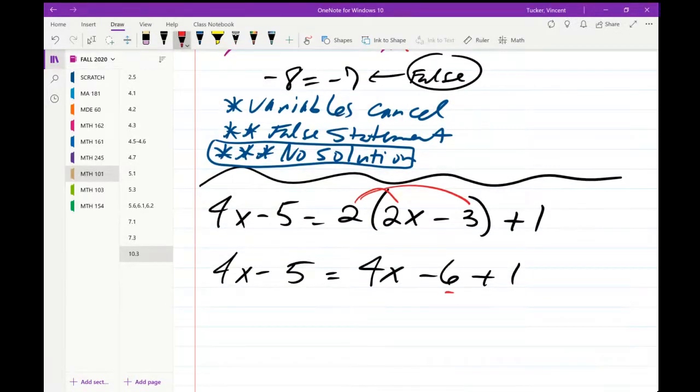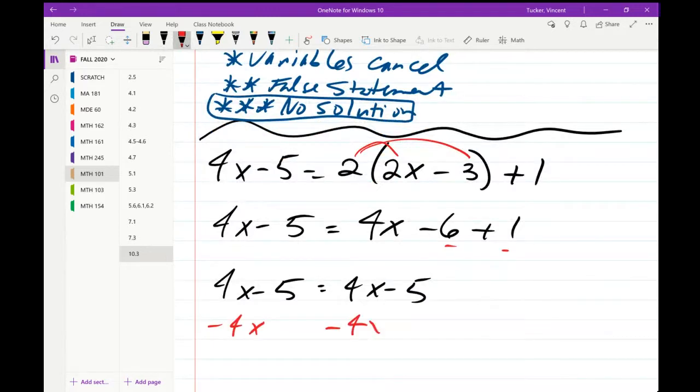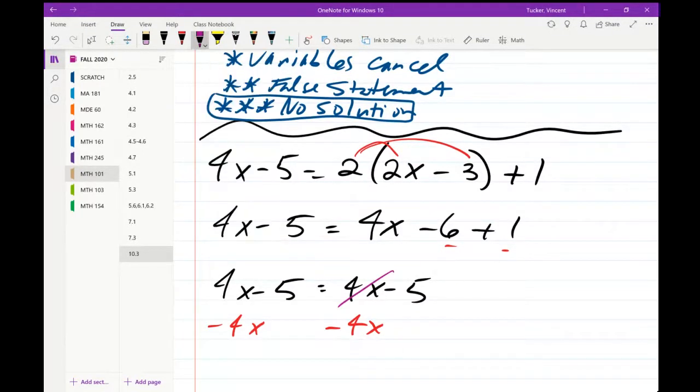Combine these like terms in the back. 4x minus 5, 4x minus 5. Subtract 4x. Notice they cancel on both sides, just like last time.